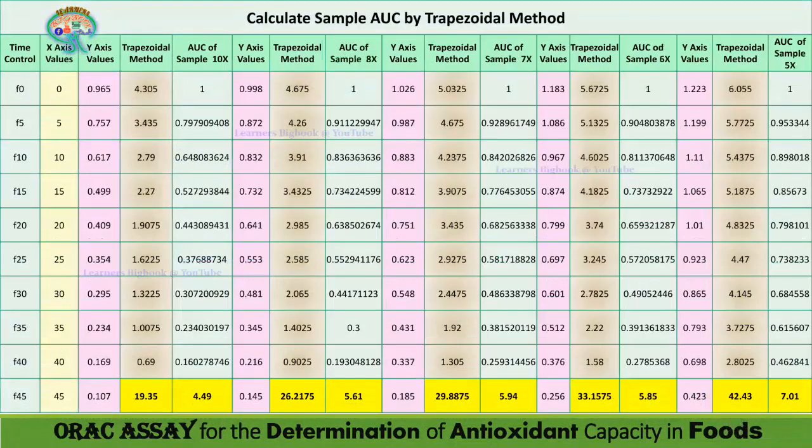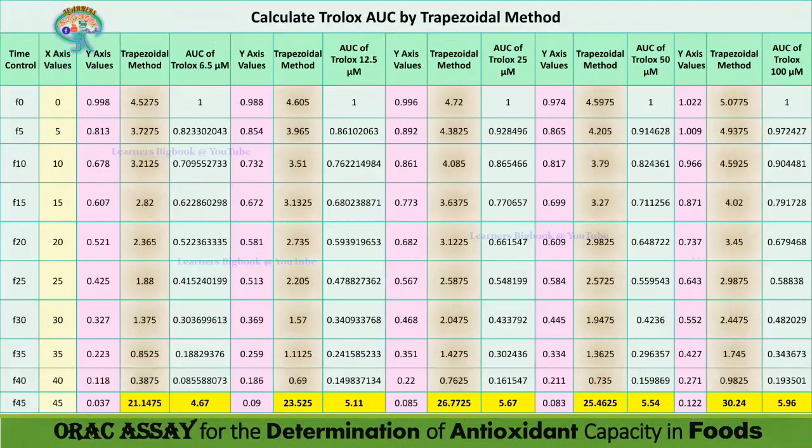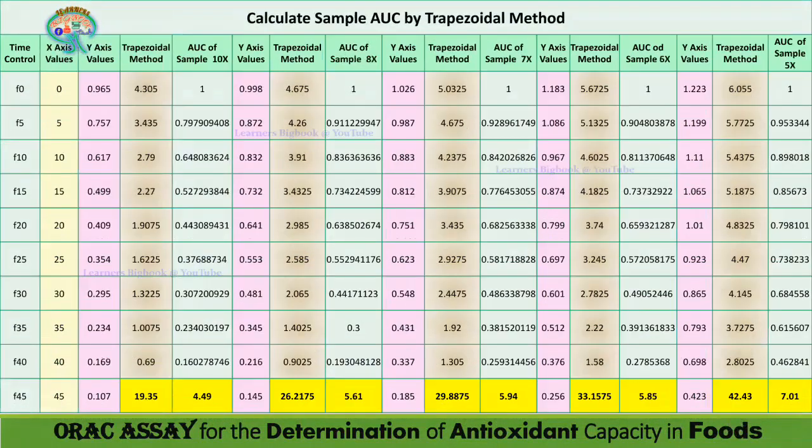This is the Trolox. Next is the sample. You can see here also the same. You can learn the trapezoidal method of calculation from your statistics lecturer or biostatistics professor or teacher. It is very easy to understand and calculate.